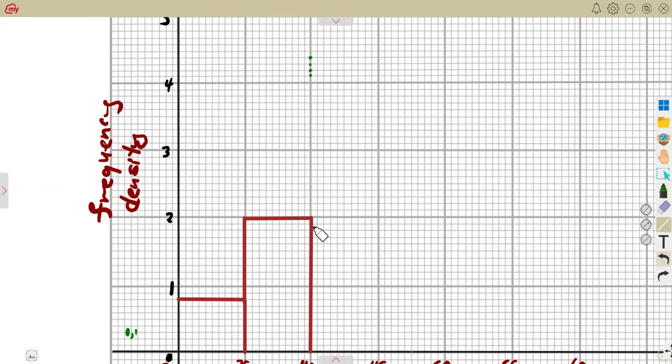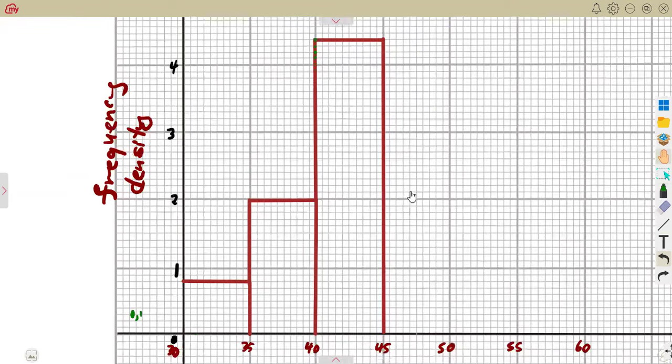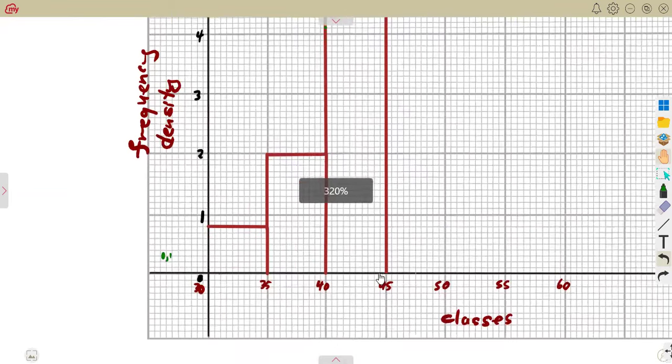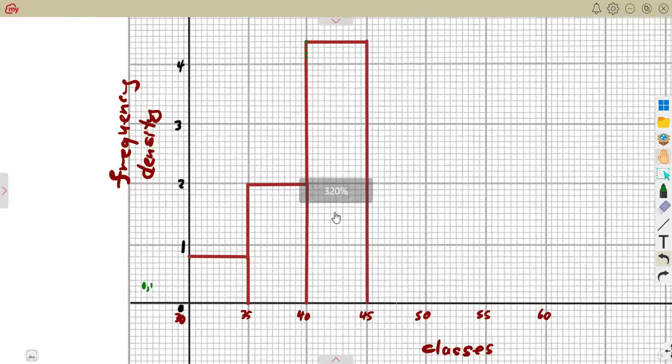So from this point, you're going to join up to here. That's the 4.4 for 40 to 45. Remember, we are going to 45, something like this. That's what you're going to have. Move on to another one.